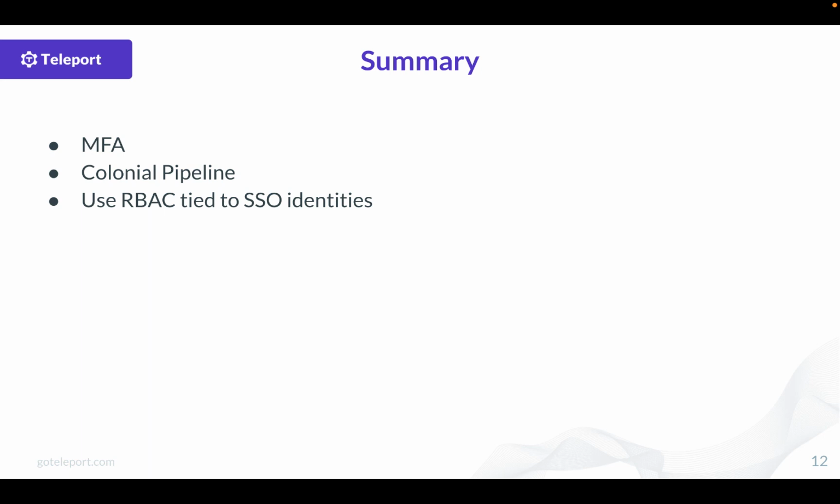And because you'll have SSO tied to that access, you'll be able to capture the identities of who is actually doing actions and what those actions are. And you'll be able to implement MFA as part of your SSO setup, whether it's Okta, Active Directory, Duo, you can implement MFA as part of SSO.